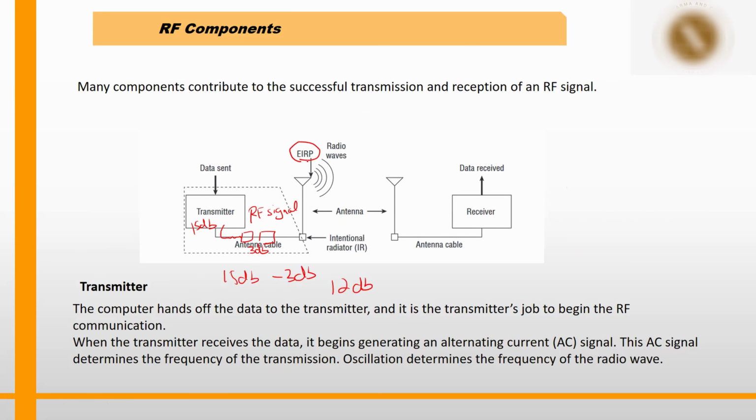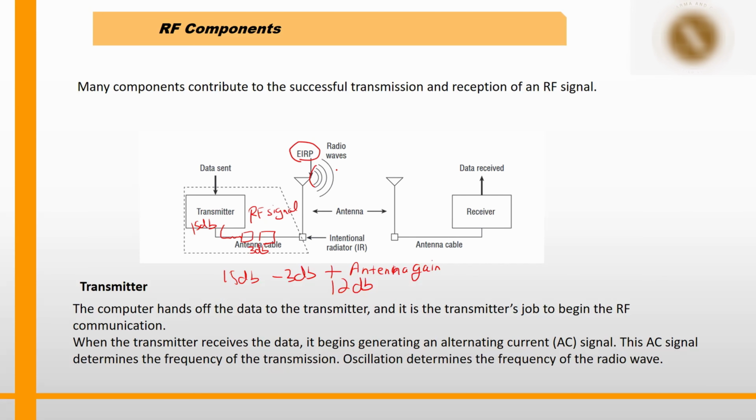Then we have the EIRP, which is the sum of transmitter power, minus cable loss, plus the antenna gain. What is the antenna gain? We will learn in the antenna section, but for now you understand that if the signal is 12 dB here, by using an antenna, you can boost the signal by another 3 dB.